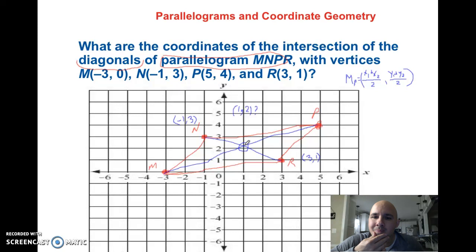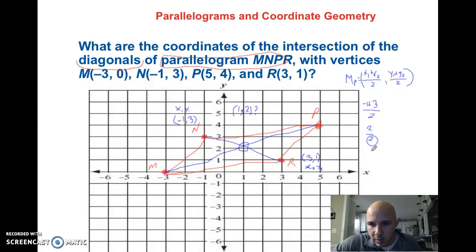Okay, we'll start labeling this. This is my X1. This is my Y1. This is my X2, and this is my Y2. So let's add this up. -1 plus 3, divide that by 2. 2 divided by 2.